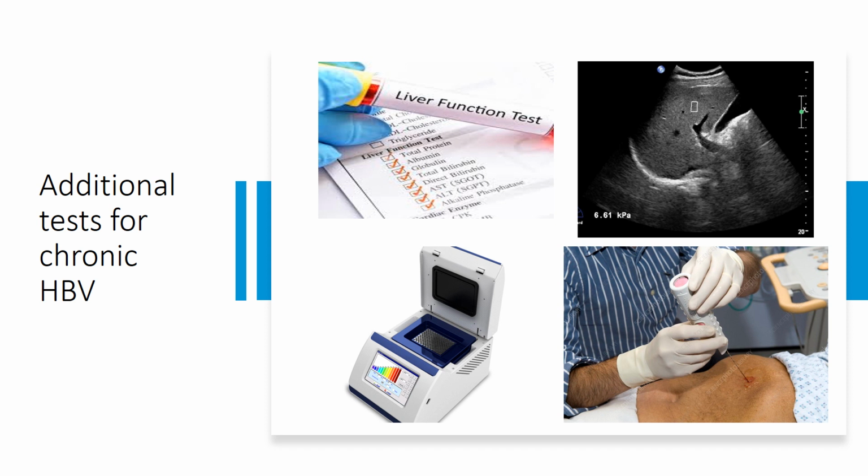Non-invasive methods for assessing the stage of liver disease have largely supplanted liver biopsy and have been validated among adults with chronic hepatitis B. Blood and serum markers for fibrosis, including APRI and FIB-4, as well as commercial markers such as FibroTest, can be estimated, or transient elastography (FibroScan) performed.